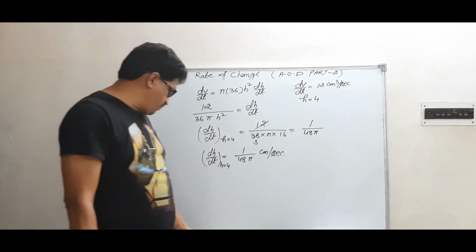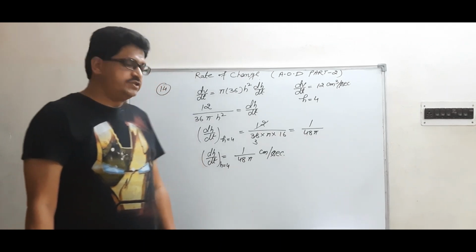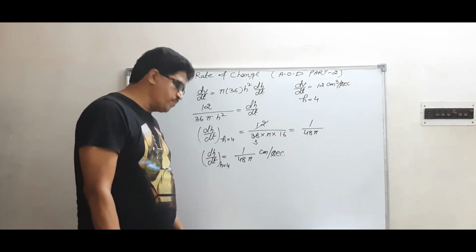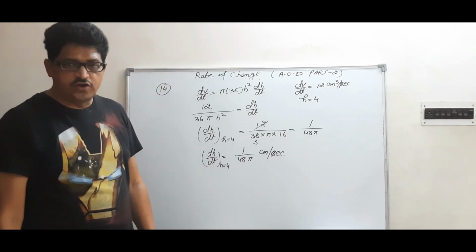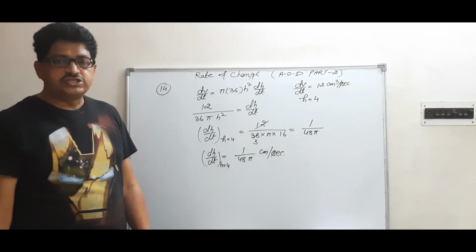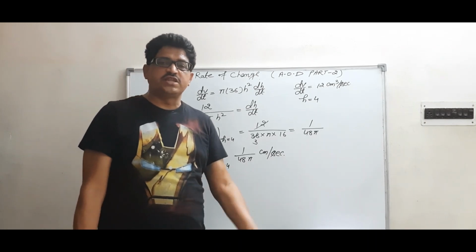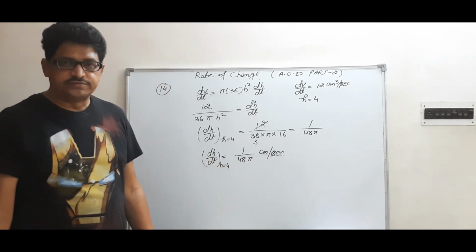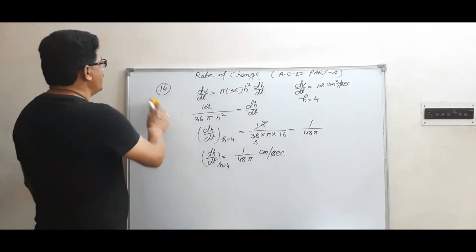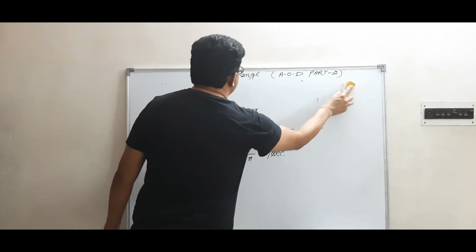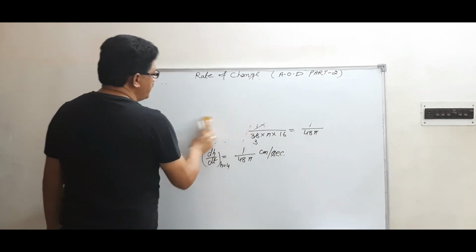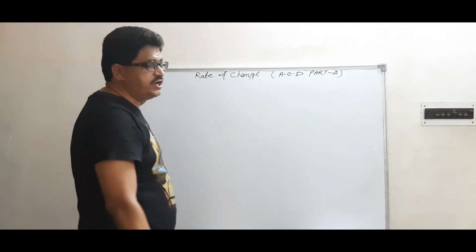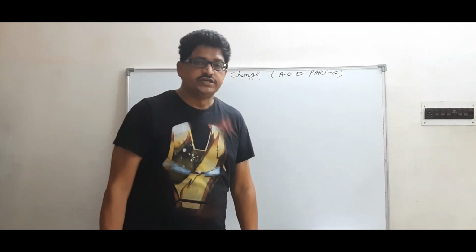Now question number 15 and 16. In this question you have to find out marginal cost and marginal revenue. मार्जिनल कॉस्ट और मार्जिनल रेवेन्यू का मतलब है चेंज इन रेवेन्यू और चेंज इन कॉस्ट. So whenever you have to find out marginal cost or marginal revenue, means you have to find out change.